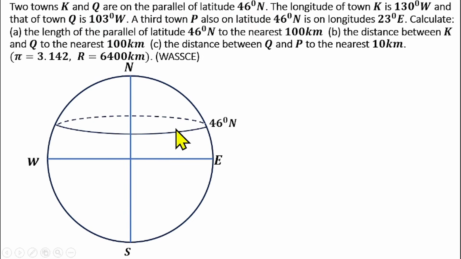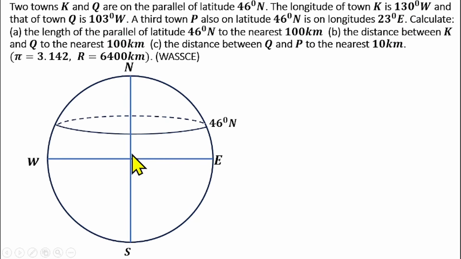Their longitudes are different, but in the same hemisphere. So K is on 130 degrees west, and Q is on 103 degrees west.